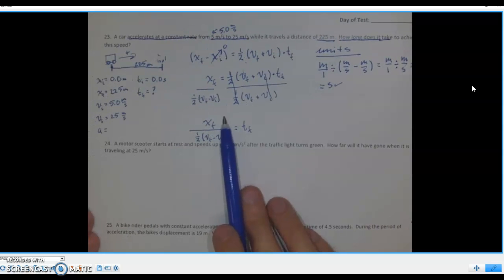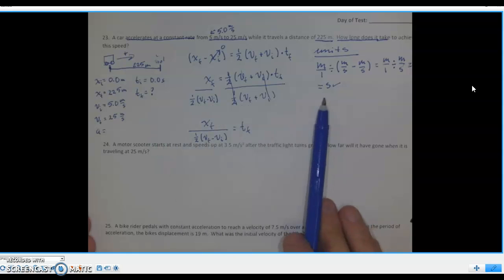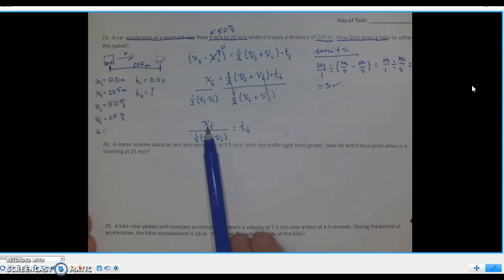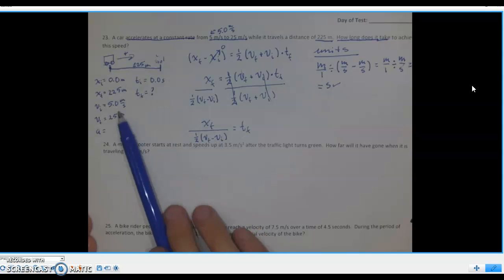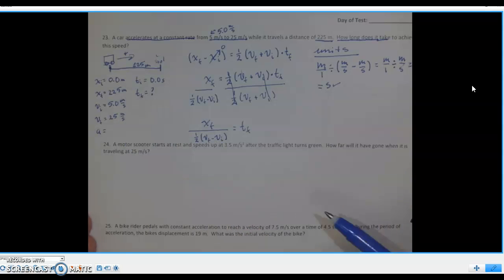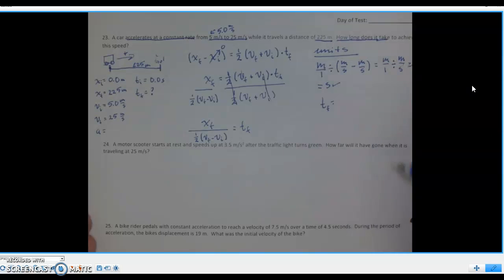Since I've made a list of knowns and unknowns, I don't need to rewrite all this with the numbers in there. You've already told me that x final equals this and velocity initial and final equals that. And so I don't need to rewrite all that again. I can plug it in my calculator.